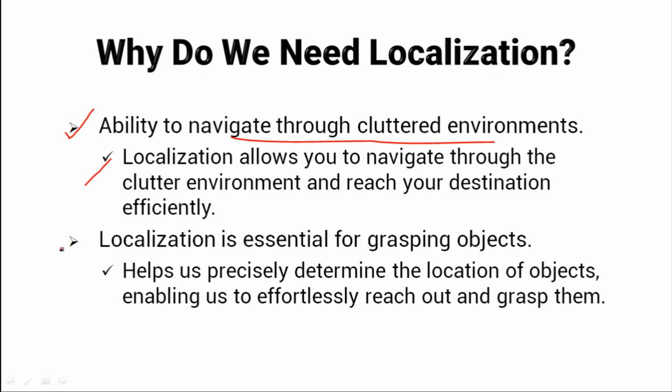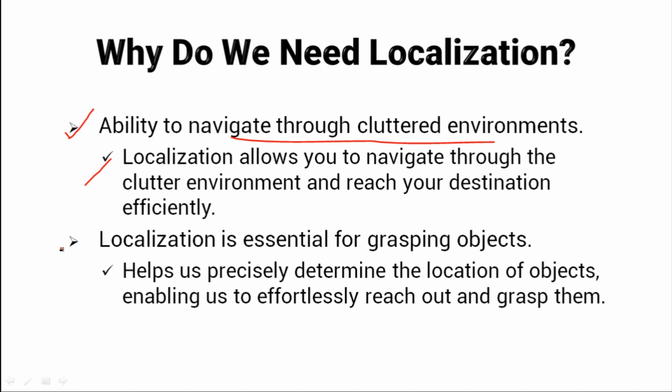Localization is essential in our daily lives because it helps us make sense of complex environments. Whether it's finding our way through a busy street, locating items on a store shelf, or identifying landmarks in an unfamiliar place, our ability to accurately determine the location of objects enables us to navigate effectively. Localization is indeed an important aspect of perception as it enables humans to navigate and interact with complex environments.